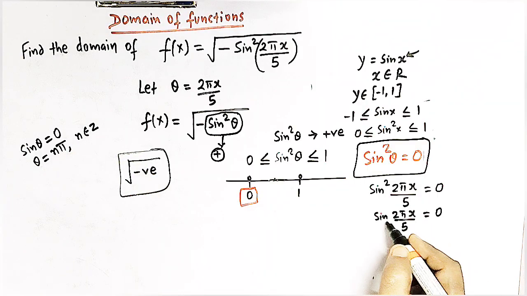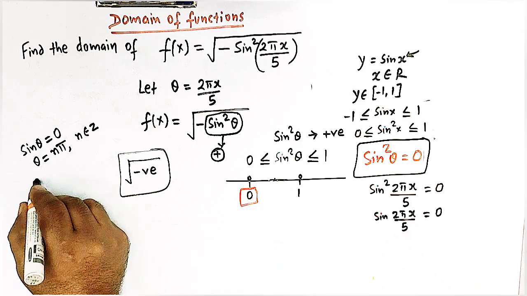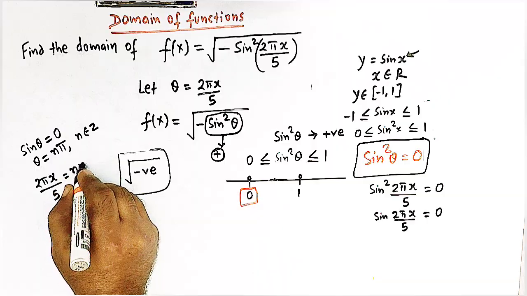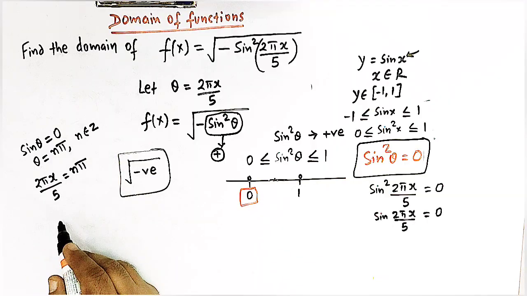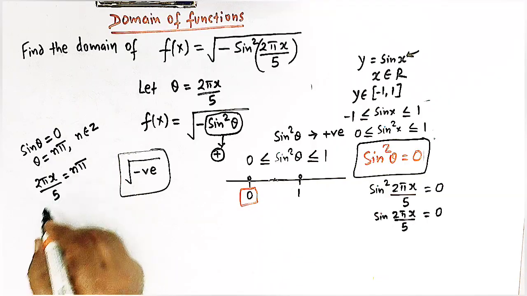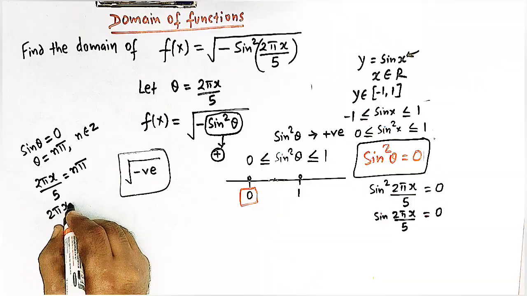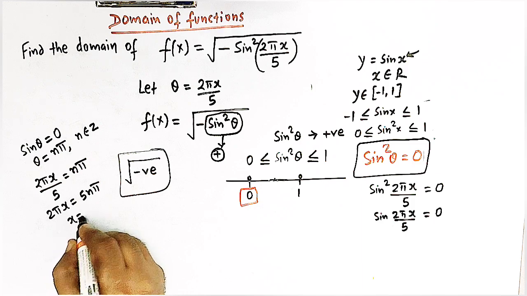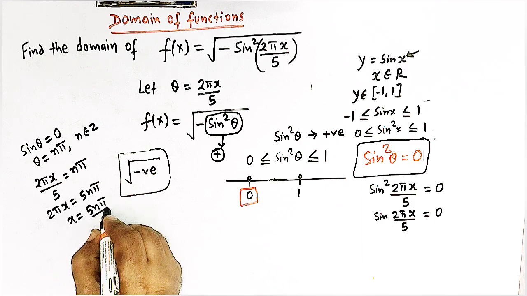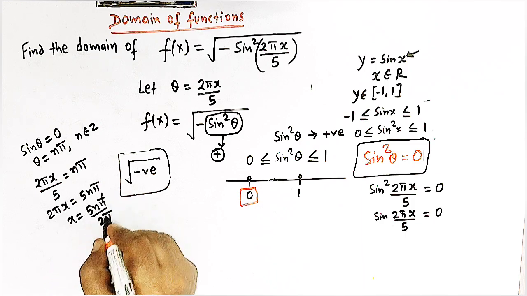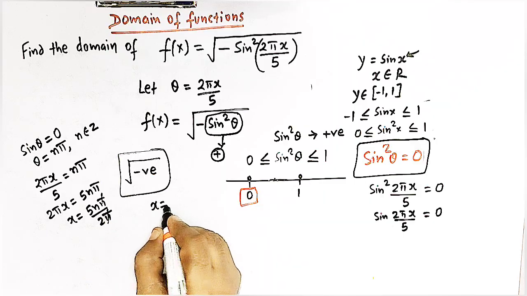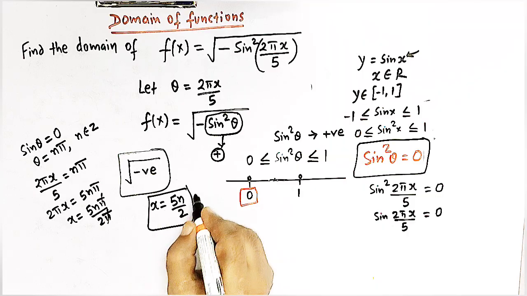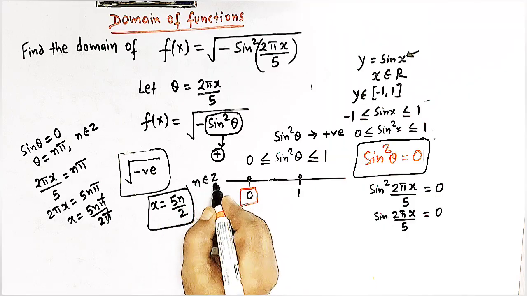So here the solution of this equation is 2 pi x over 5 is equal to n pi, where n belongs to the set of integers. Now we can write this equation as 2 pi x is equal to 5 n pi, and x is equal to 5 n pi over 2 pi, and pi gets cancelled, so we have x is equal to 5n over 2, where n belongs to the set of integers.